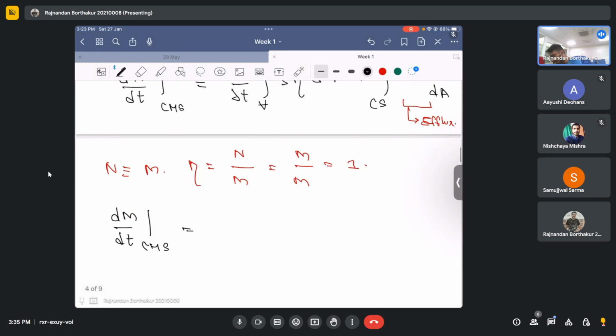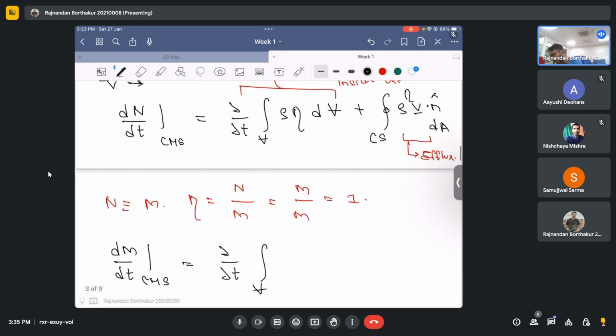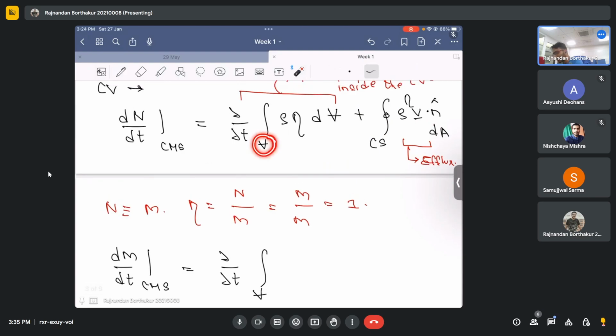So this is basically del t of the integral over the control volume. By the way, this V with the mark denotes the volume integral, and this means I'm integrating rho eta over the entire volume, and this dV is the elemental volume that I'm considering. The reason I put a mark here is to distinguish it from the term with velocity. Since I'm denoting velocity as v, that's why I denote volume in this fashion.